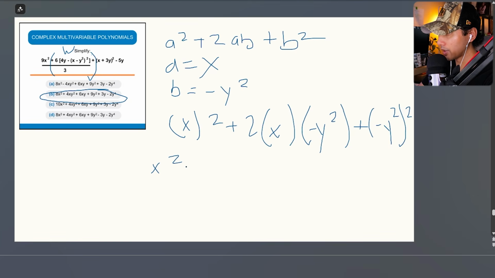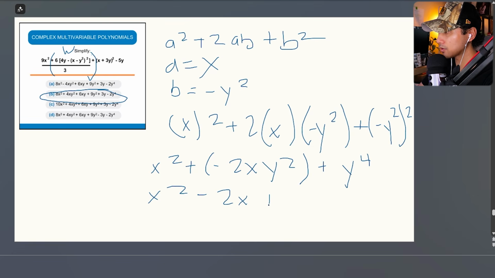So we have x squared minus 2xy squared plus y to the fourth. Okay, we figured out this part.